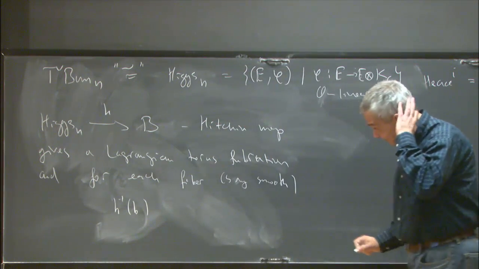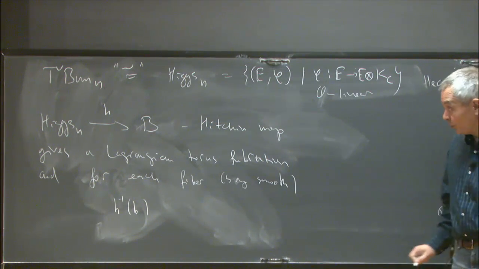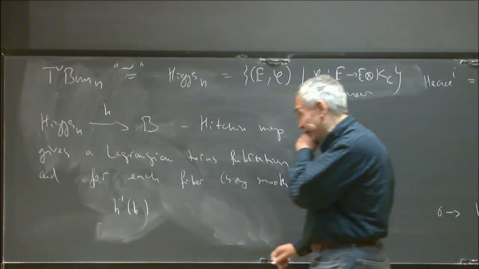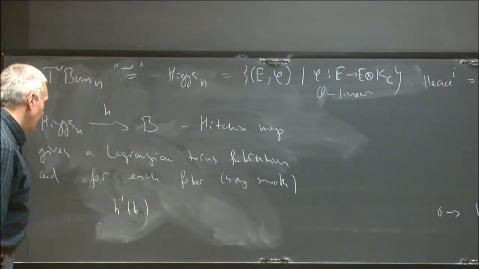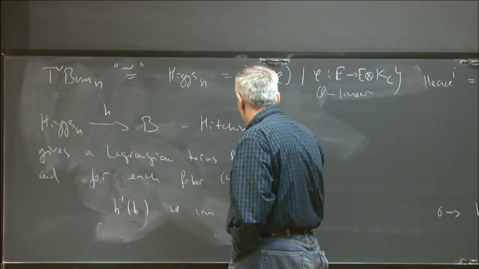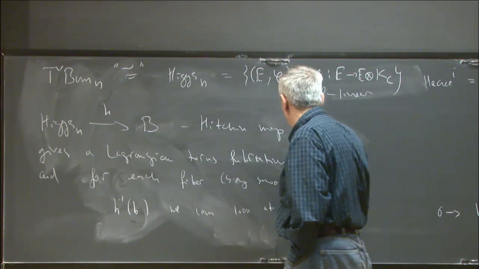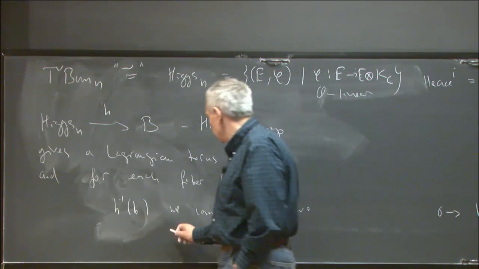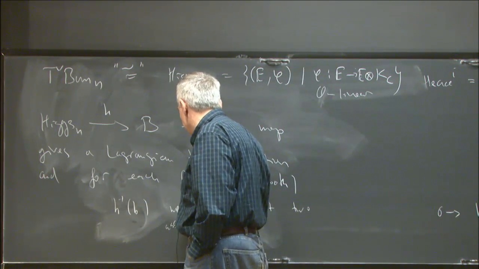So that's going to be some abelian variety, which happens to be a Jacobian of a spectral curve. We'll come to that in a moment. So this fiber, we can look at two associated quantum type of objects.